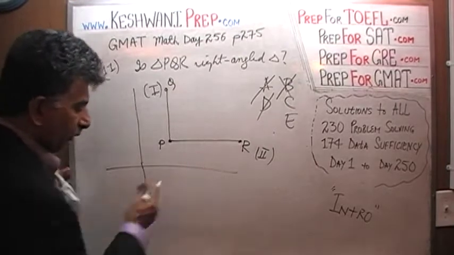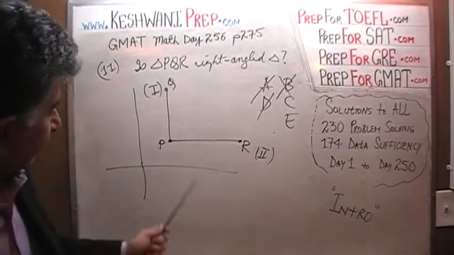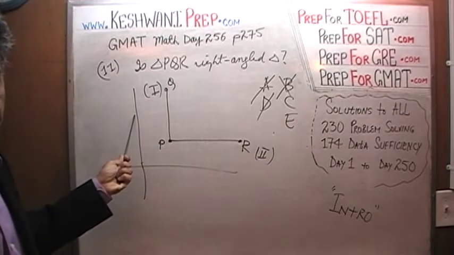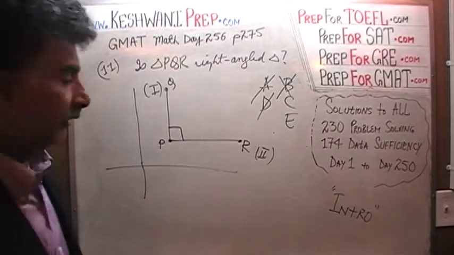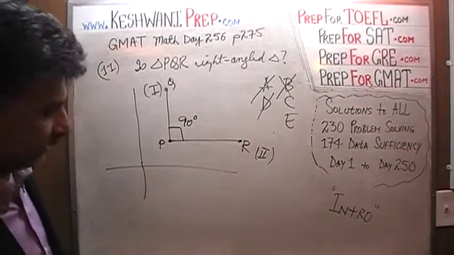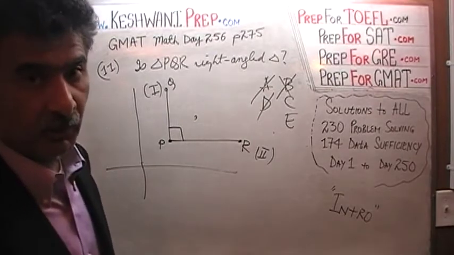Well, if line PR is parallel to the x-axis and the line PQ is parallel to the y-axis, then it stands to reason that the angle that they formed would have to be 90 degrees. Of course, this is a bit redundant because this symbol in itself means 90 degrees. Anyway, the point is, if you put the two statements together, it does the job quite nicely.